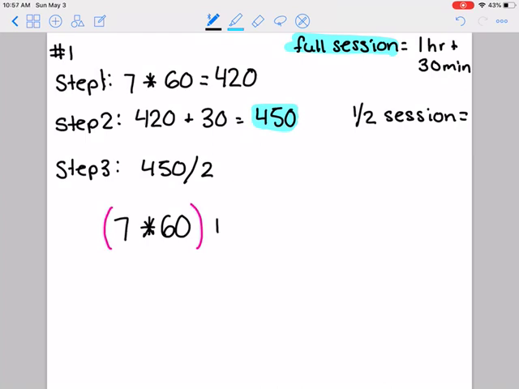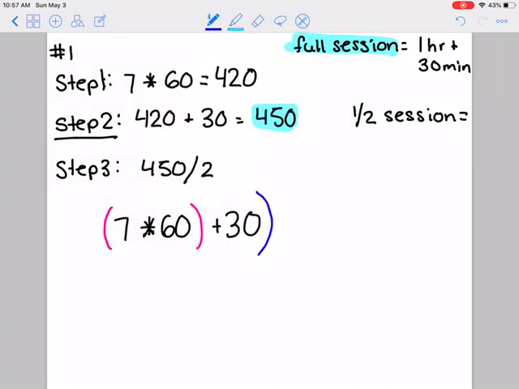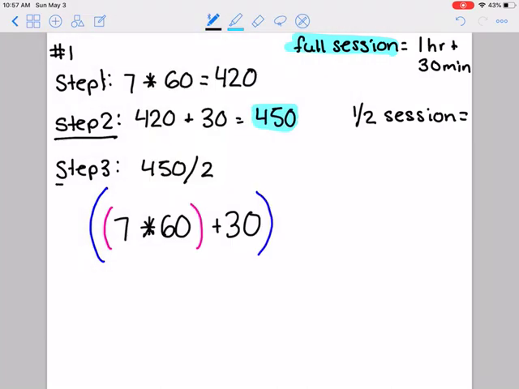Then you're going to add 30 because that's what we did in step number 2. And again, I'm going to separate that whole thing into one big parentheses. So the pink represents step number 1, the blue represents step number 2. And the last thing we did was step number 3, we divided that whole thing by 2.